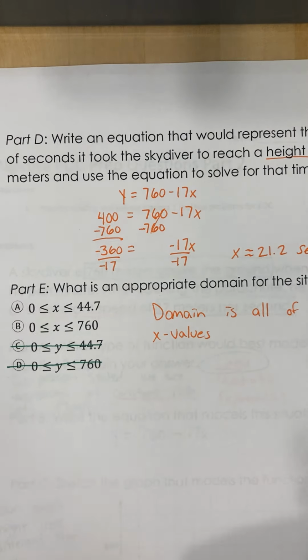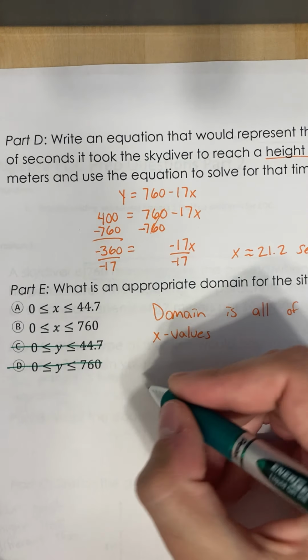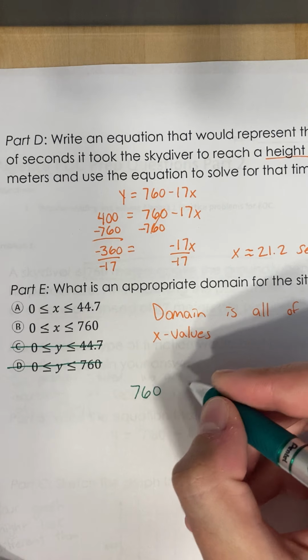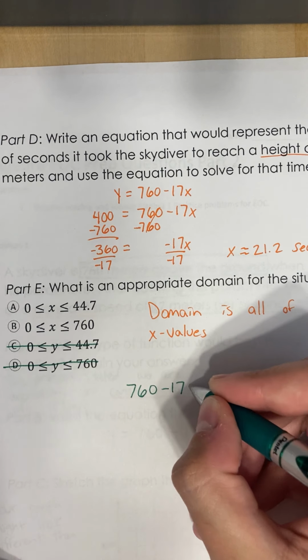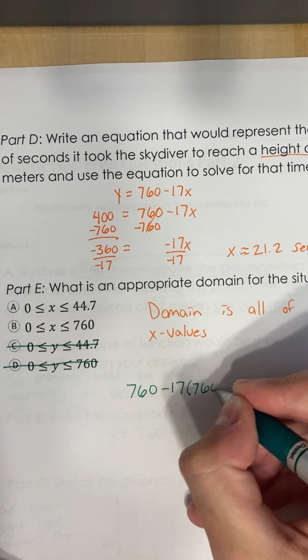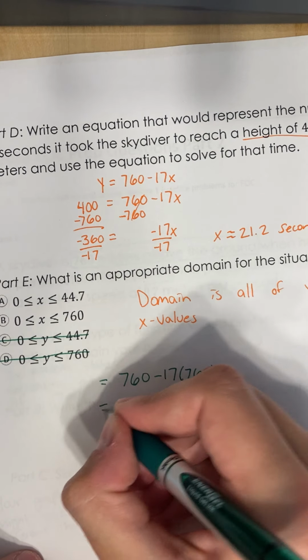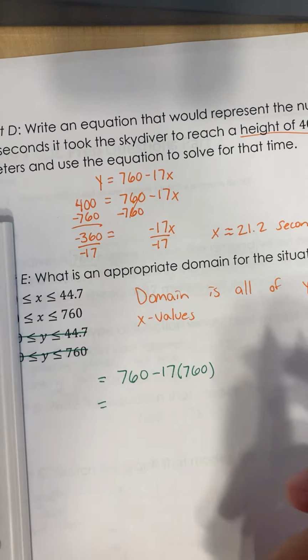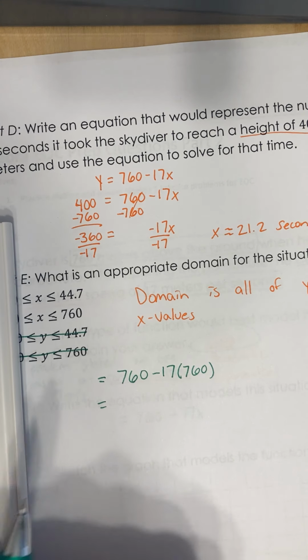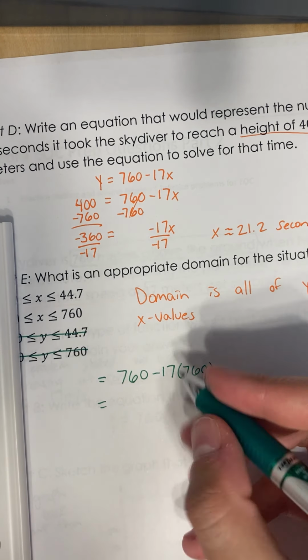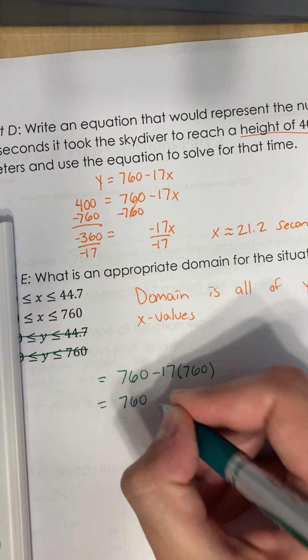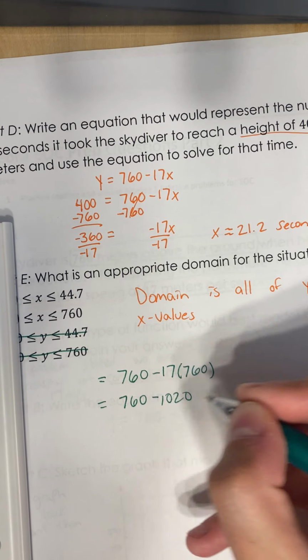So, if I plug in 760 minus 17 times 760, it looks like we're gonna get a negative number. So let's just see what we get. So 17 times 760, 760 minus, yeah.